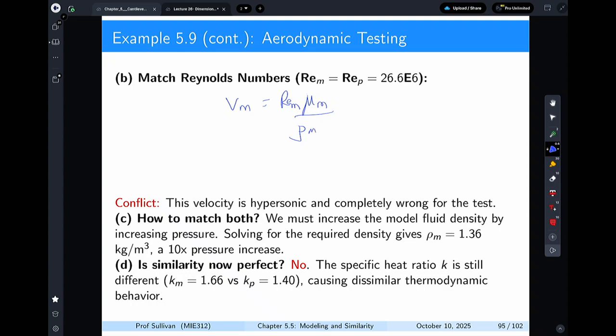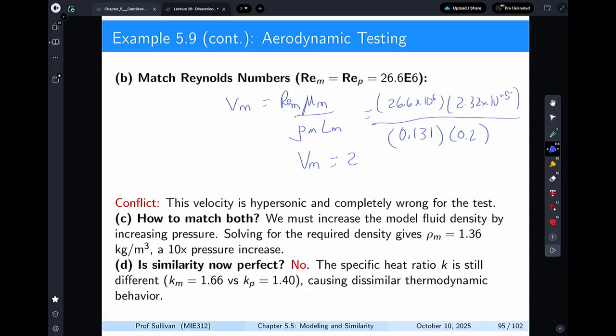If I try and match things up, I can put in all of those same values, match the Reynolds number, and my velocity of the model would have to be 23,600 meters per second, and my Mach number of the model, velocity of the model over A of the model, is equal to 21.